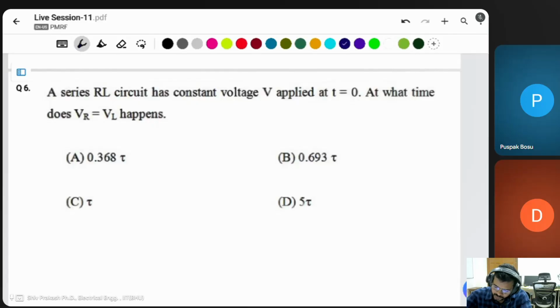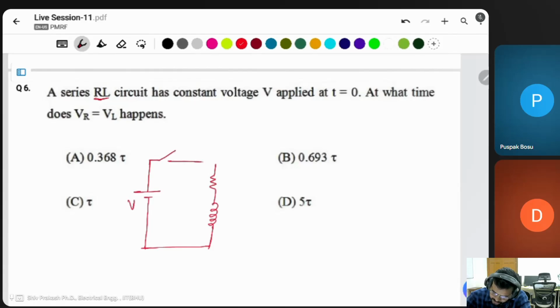In this case, simply draw a circuit: a resistor and an inductor connected in series. Then it will be connected across a voltage source V applied by a switch.